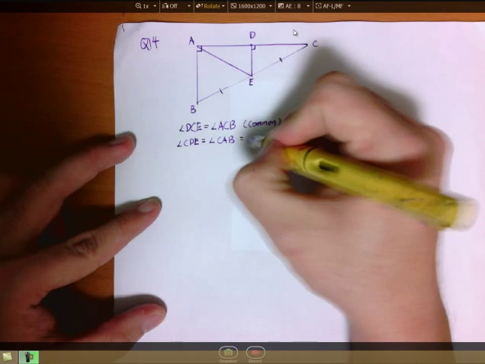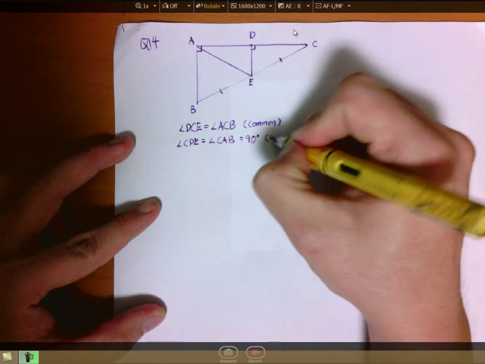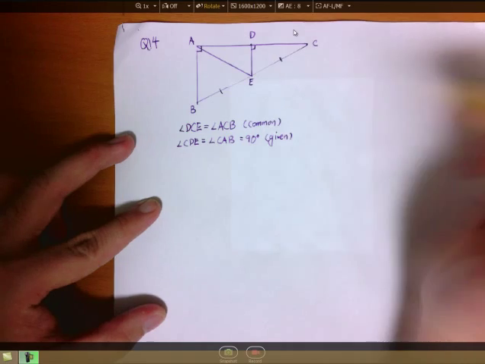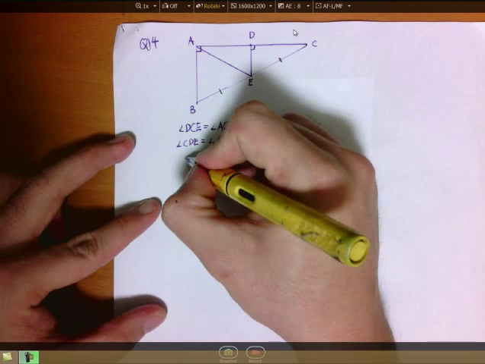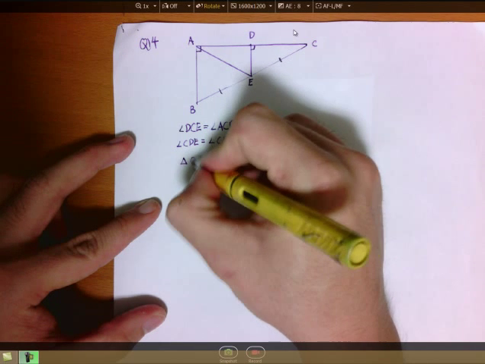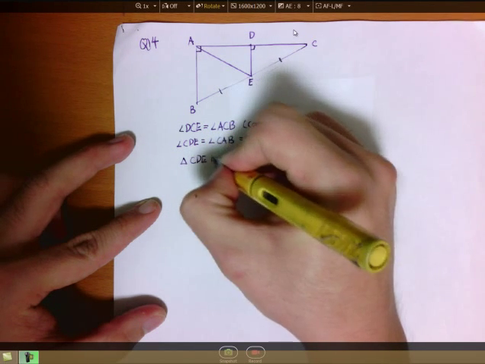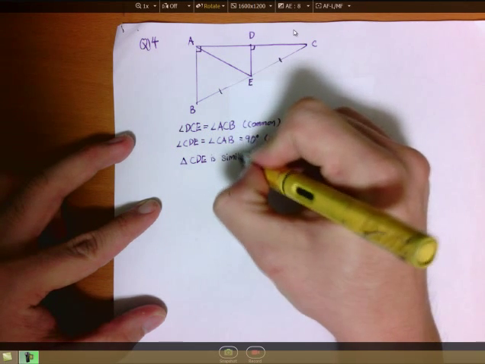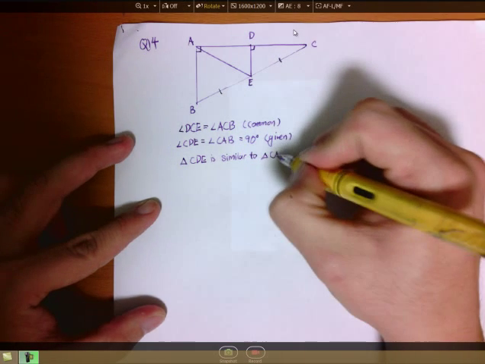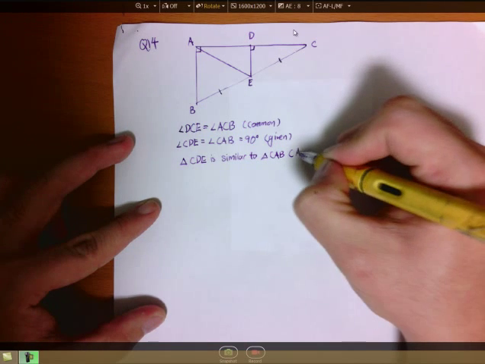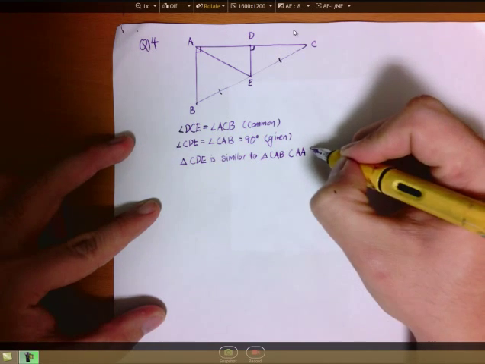This is equal to 90 degrees, because this information is given. 90 and 90. So therefore, I can say that triangle CDE is similar to triangle CAB, and this is because of angle similarity.